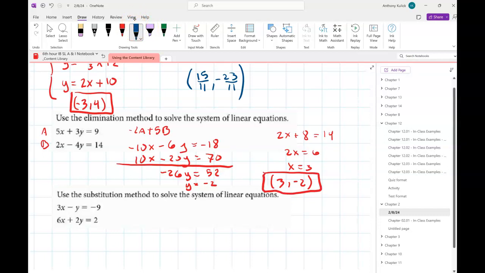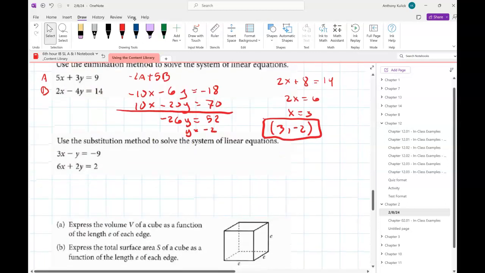Everybody feel okay there? In general, I prefer elimination over substitution because I have a lot more control over when I get a fraction, when I don't. Substitution, oftentimes you're going to be forced to confront fractions when maybe you'd prefer not to have to do that.